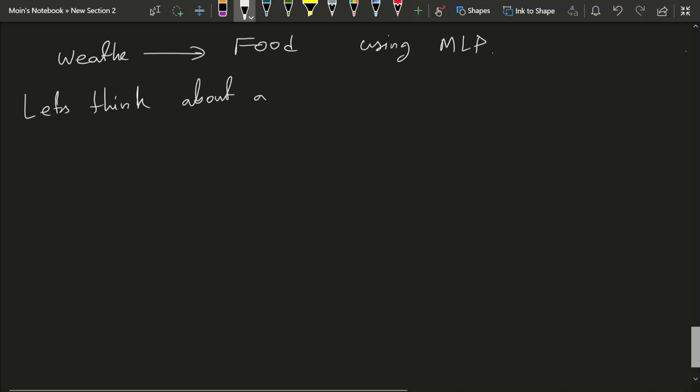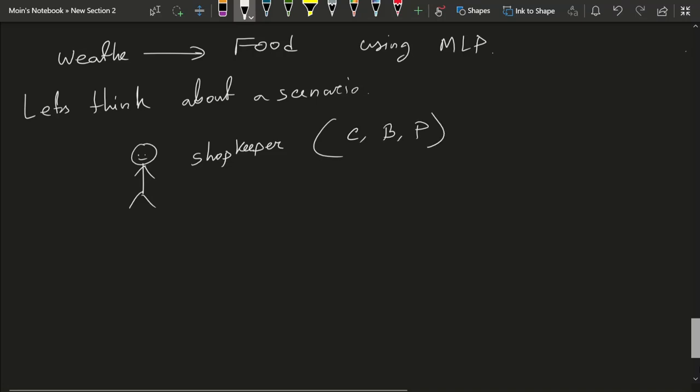Think about a scenario where there is a shopkeeper who has a food series of chicken, burger, and pizza.